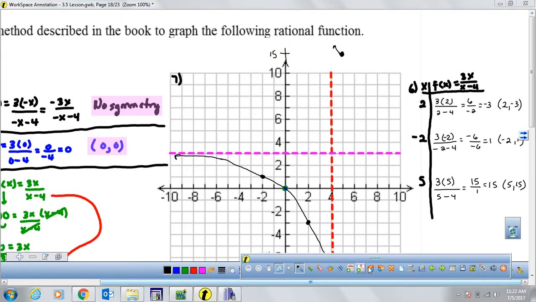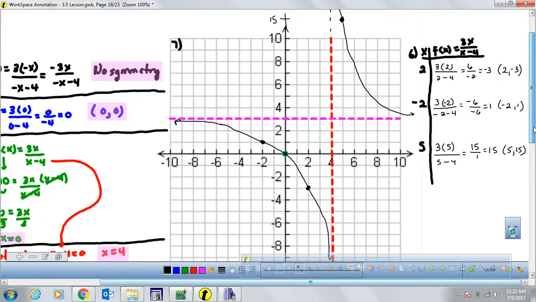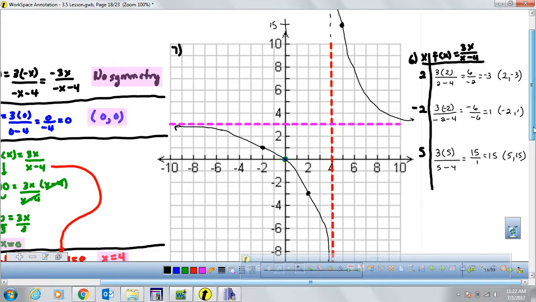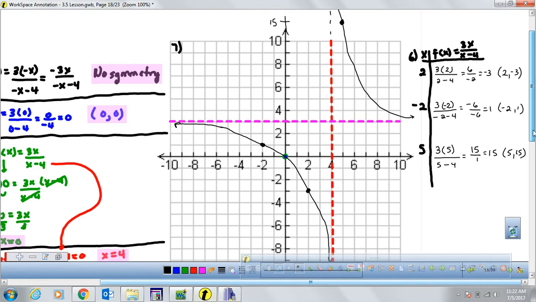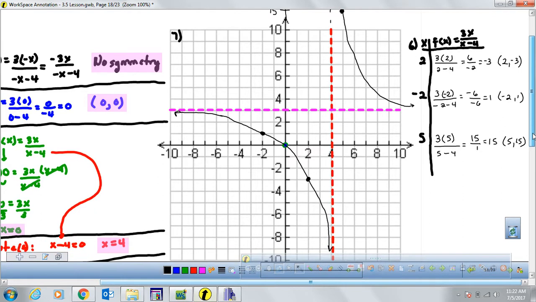So it's going to slant vertically upward right here, getting closer and closer to this asymptote, but it will never get to the asymptote. And once the graph gets close to this horizontal asymptote, it's going to slant horizontally to the right, getting closer and closer, but it will never get to that asymptote. This is approximately what the graph of 3x divided by x minus 4 will look like. And very similar to the graph of 1 over x, as you can see.